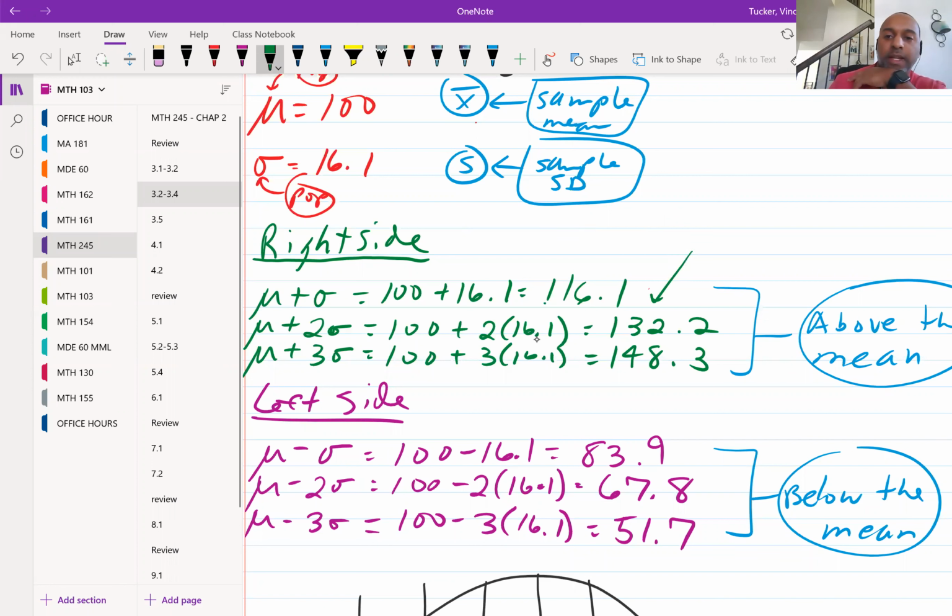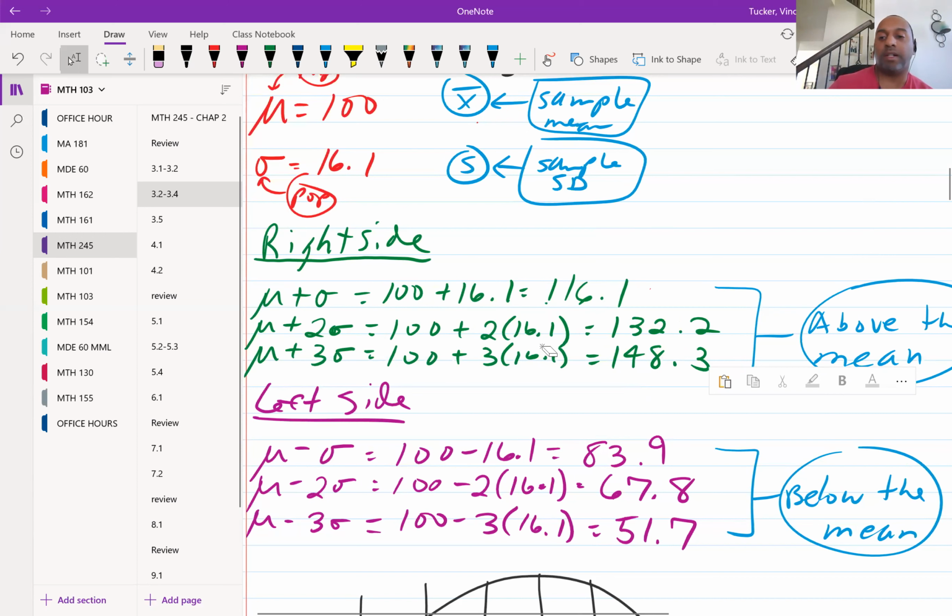Second one, add 16.1 again, gives you 132.2. Then add standard deviation one more time, gives us 148.3. So that's how you find the 3 data values to the right of your mean. Take the mean and add the standard deviation 3 different times. And these are data values above the mean. So that's what the blue statement is. Anything to the right of the mean will be considered above the mean.